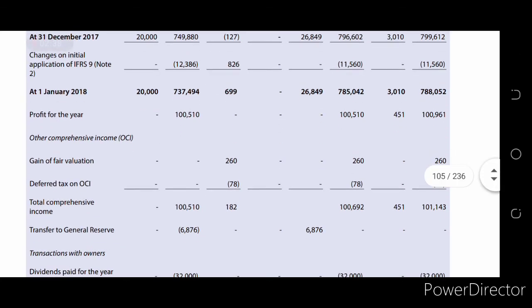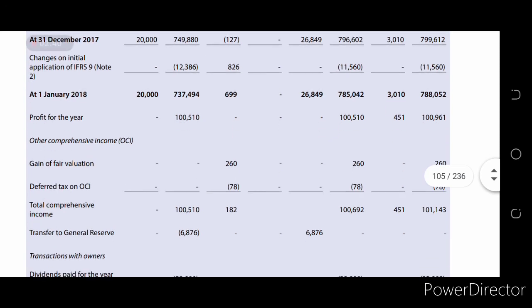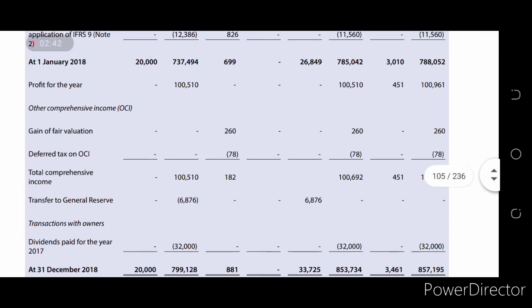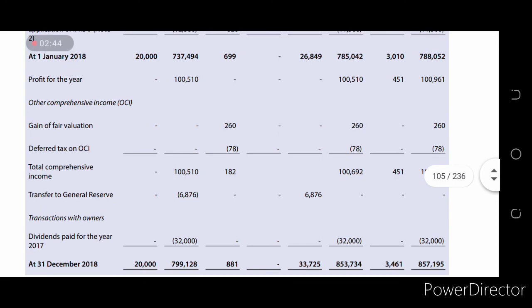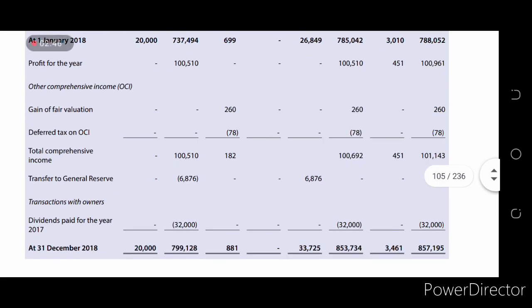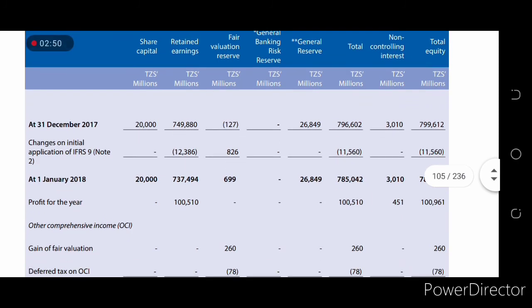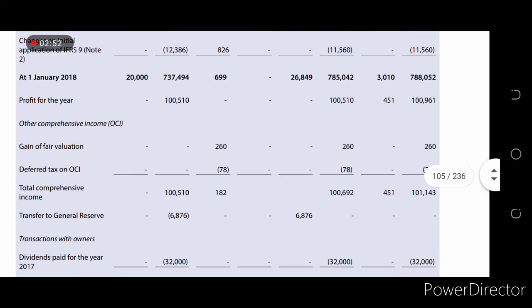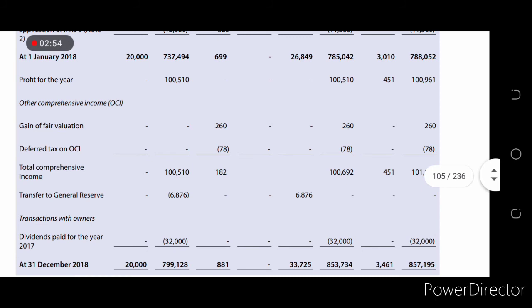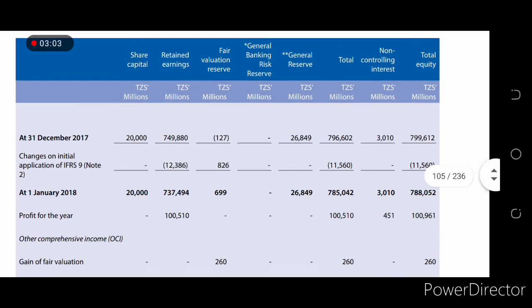So we can always check that out in the notes to the financial statements. Then there is the opening balance at 1st January 2018. Then there are all these transactions that have happened for individual components of capital, all of which we can see have either increased or decreased the components up till the closing balance of 31st December 2018.